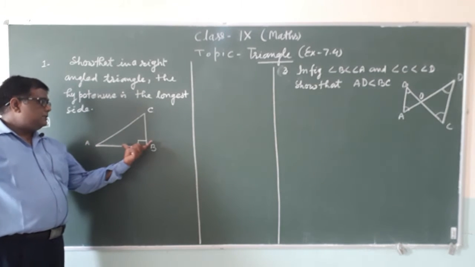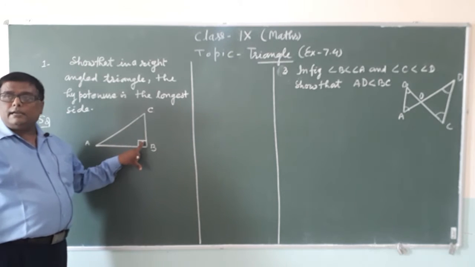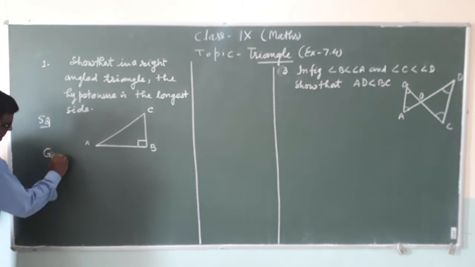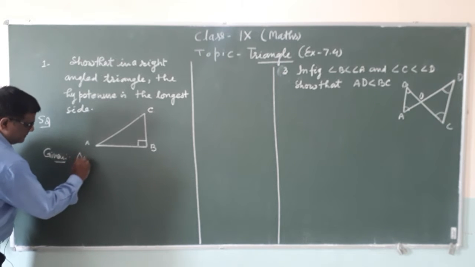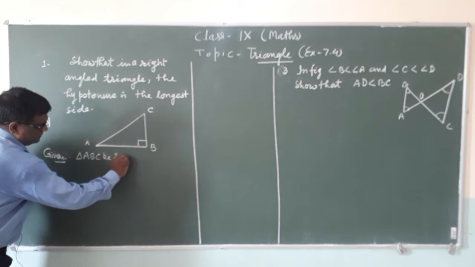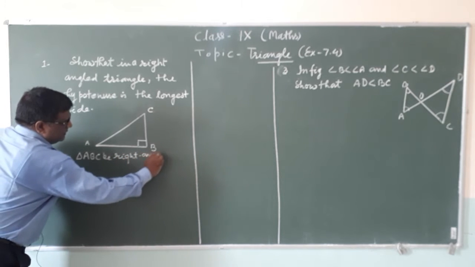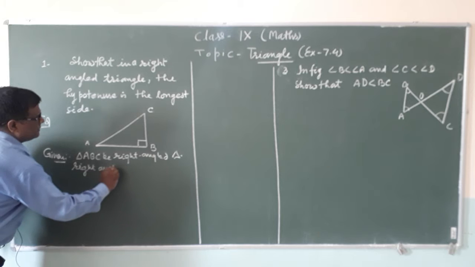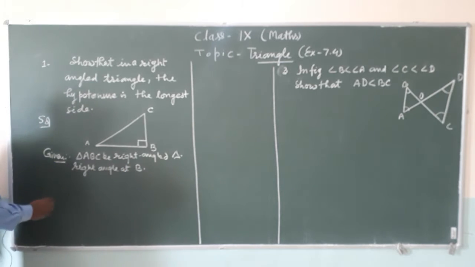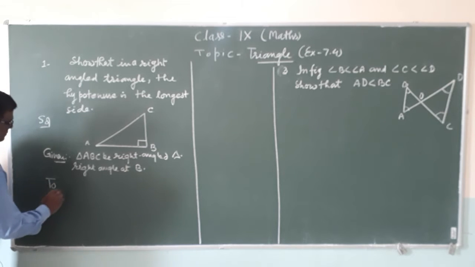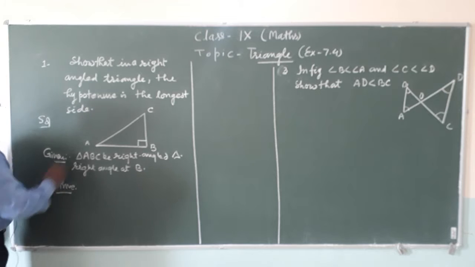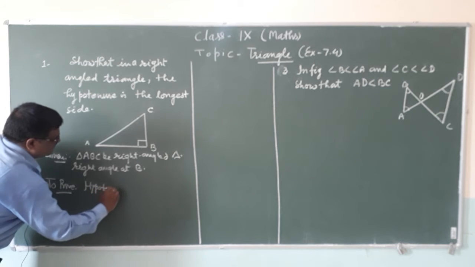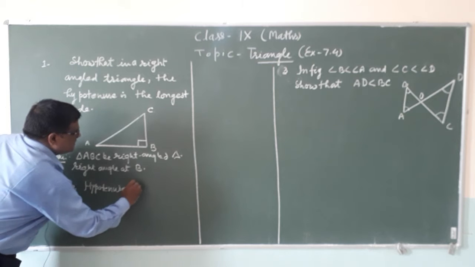In any triangle, the sum of the three angles is 180. Suppose this is given: triangle ABC is a right angled triangle, with the right angle at B. Now we have to prove that the hypotenuse is the longest side. What is the hypotenuse? That is AC.